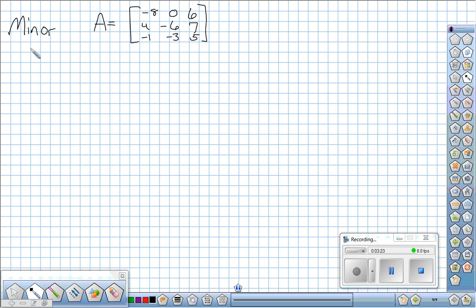So when I ask you to find a minor of one of these, what it will be denoted with is M, and it might look like 1, 1. So this is rows, and that's columns. I wish my R's and my C's looked a little bit different. What that means is I'm basically going to rewrite the matrix, and I'm going to cross out whatever rows and columns it tells me to.